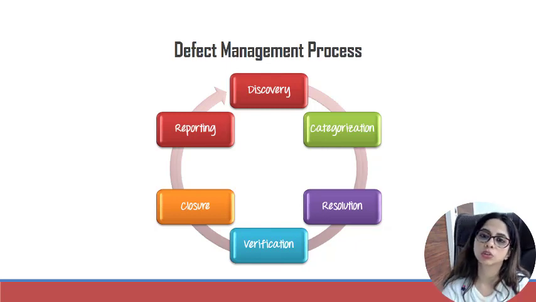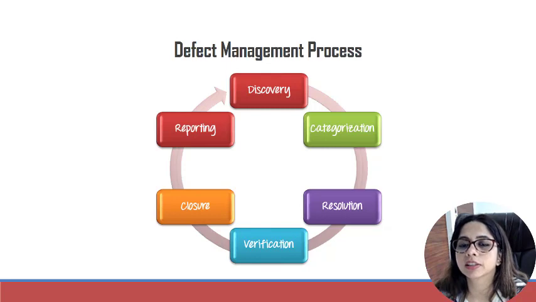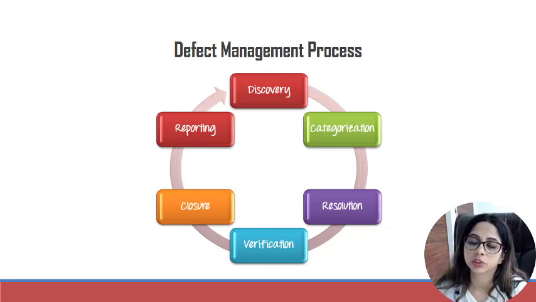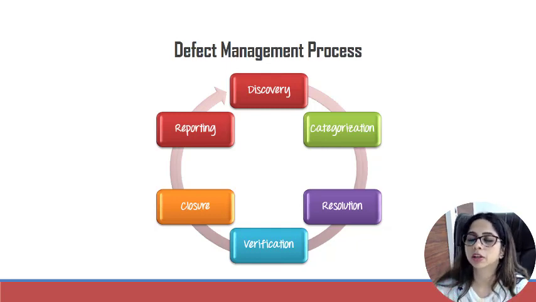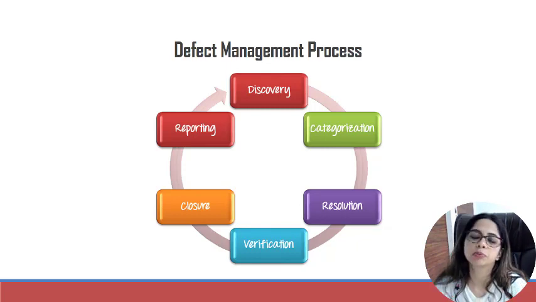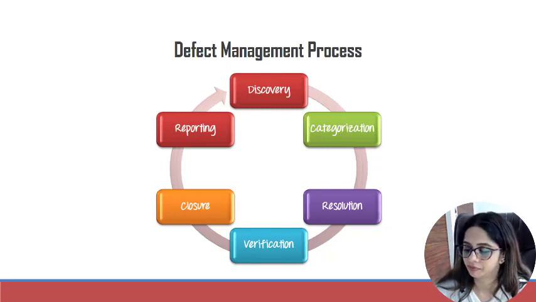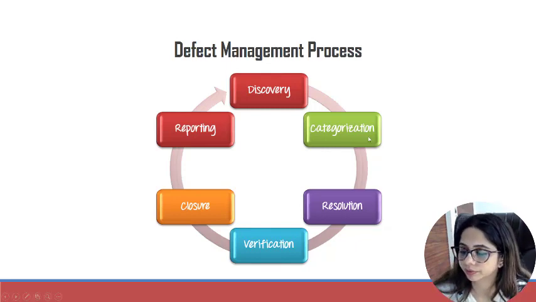If it is not fixed, then you have to report and reopen. Finally there is a phase related to reporting, that is, you give the final report that now these many bugs are open, these many are closed, and these many are not tested. So this is the defect management process, guys. We'll understand each phase in detail.